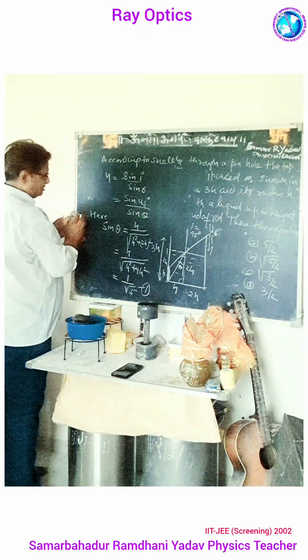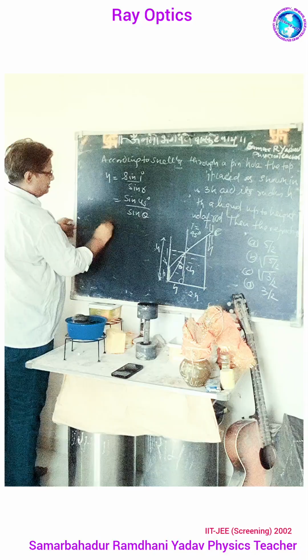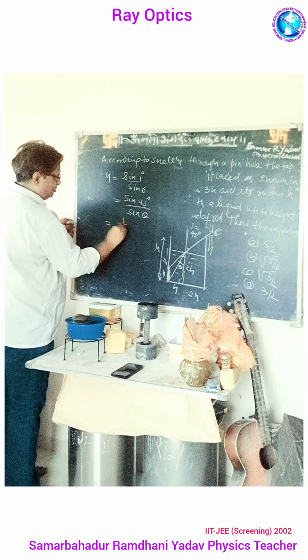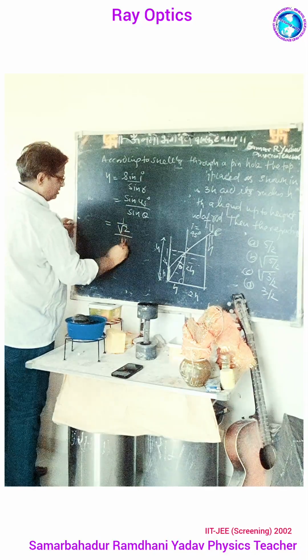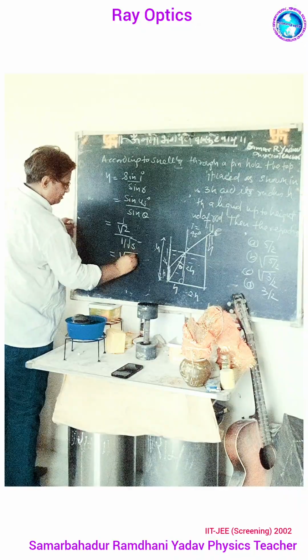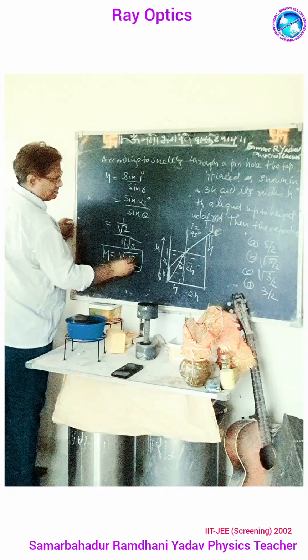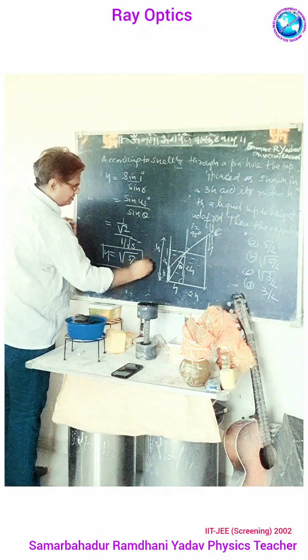Keeping the values here, we get 1 upon root 2 upon 1 upon root 5, which is equal to root 5 by 2, which is equal to n. So the correct option of this multiple choice question is B.